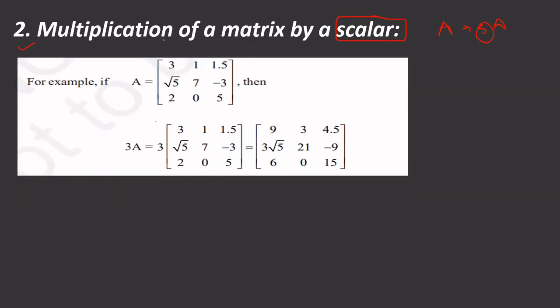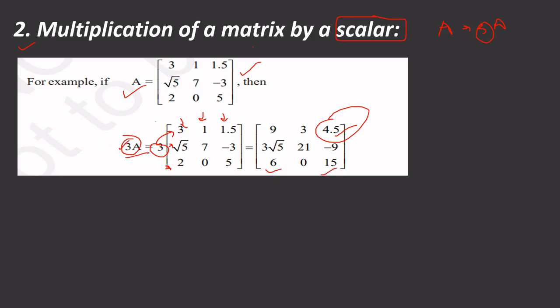If there is an A with different elements present in it and we multiply by 3, then we multiply this 3 with all the rows and with all the columns. Like 3 multiplied by 3 is 9, 1.5 multiplied by 3 is 4.5.